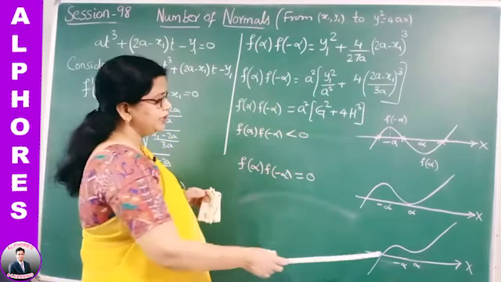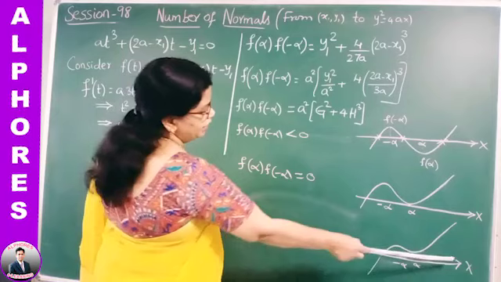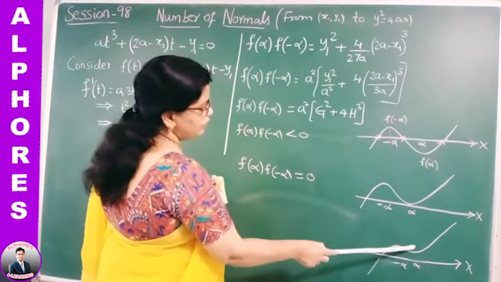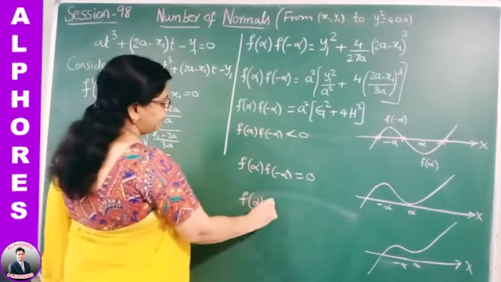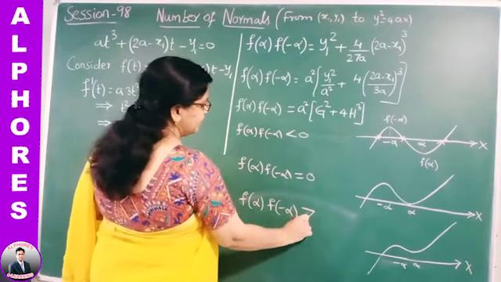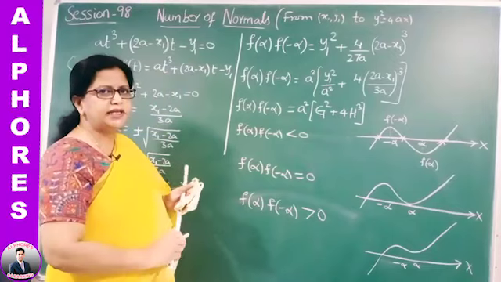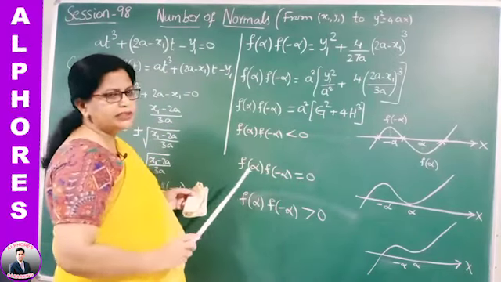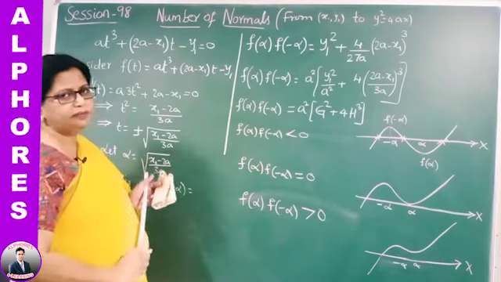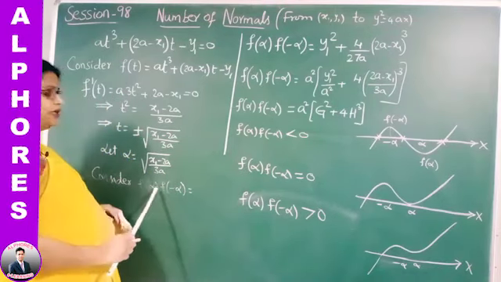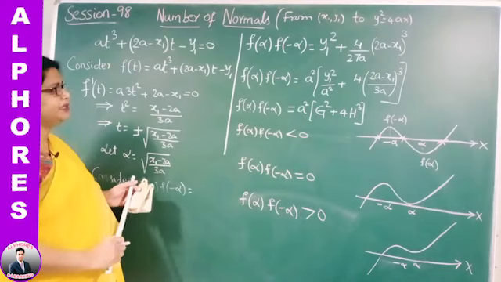That implies f of minus alpha is above the x-axis, and f of alpha is also above the x-axis, so f of alpha into f of minus alpha is positive. Hence to decide the number of normals you require f of alpha into f of minus alpha. That is the purpose of taking it.